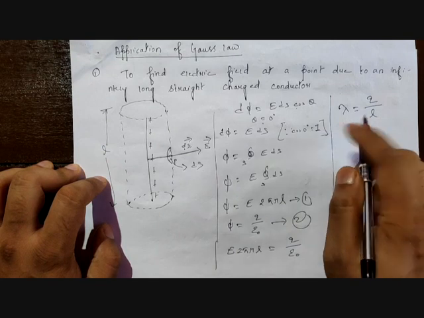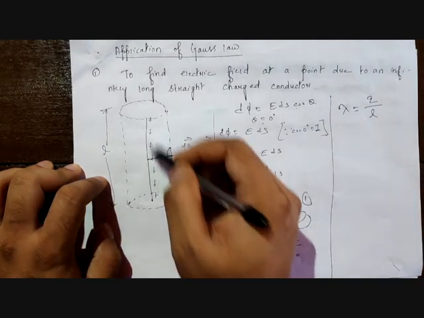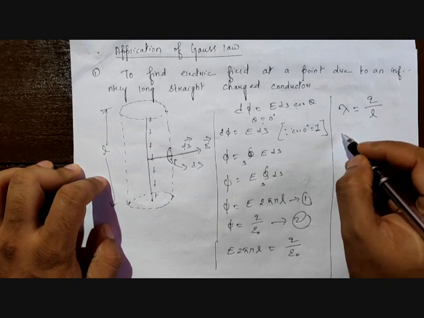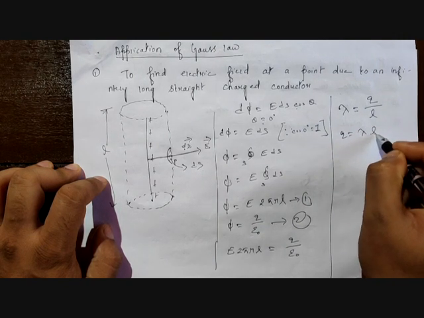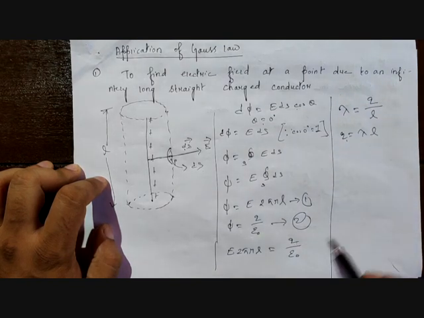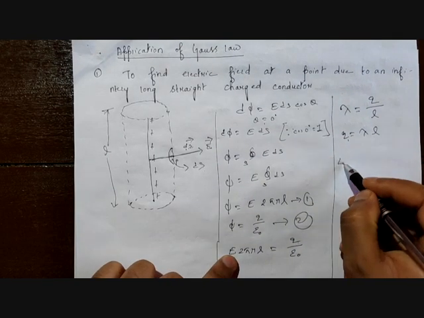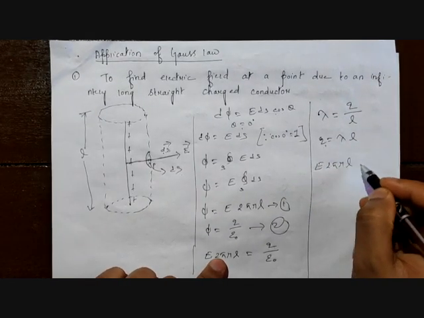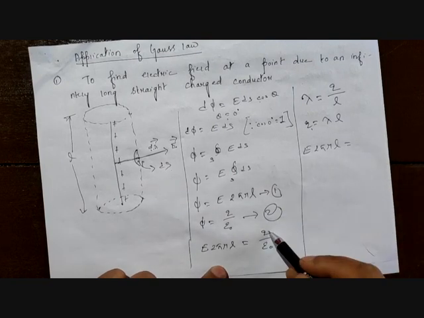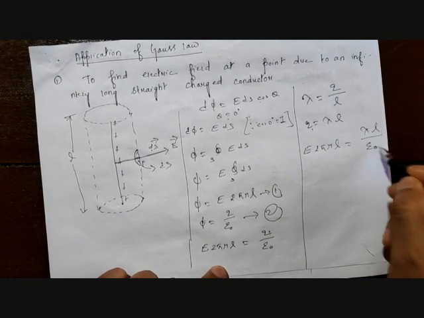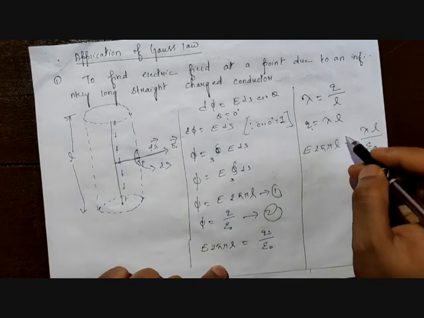If you cross multiply, what will you get? In place of q, I will write lambda L, over epsilon naught. So the L's cancel.